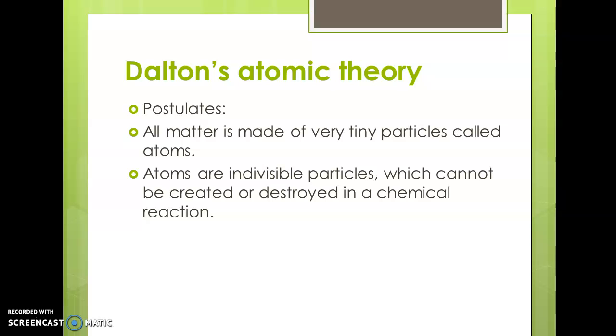Like, I cannot create one gold atom or one platinum atom, or destroy any atom, whereas I can convert from one form to the other. So atoms cannot be created, like mass can neither be created nor destroyed. You can link this postulate with the law of conservation of mass. The example is Na plus Cl gives NaCl. See, this Na is one atom.